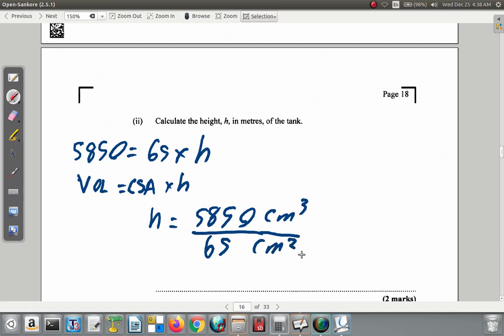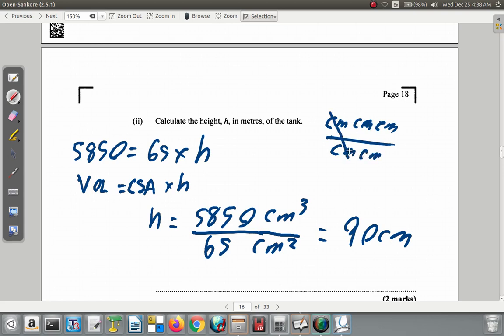You know, cm cube over cm squared gives you cm. So in this case it would be 90 cm. Cm cube would be cm by cm by cm over cm squared, which is cm by cm. Two of them would cancel and leave cm alone. So that's how this part works.